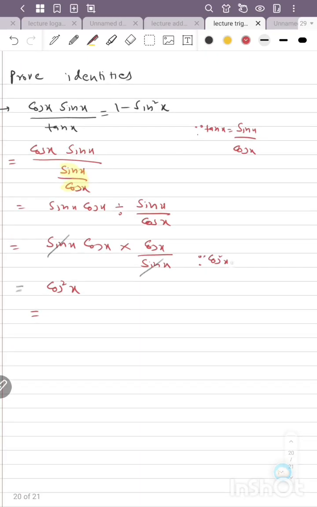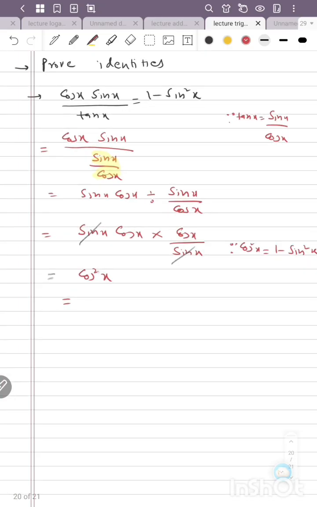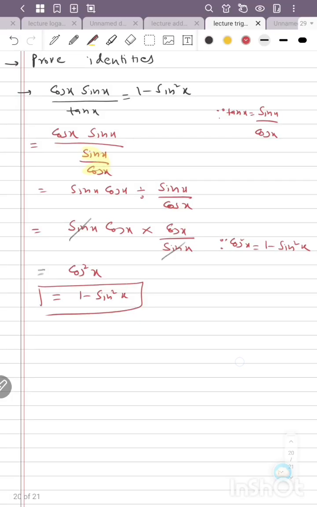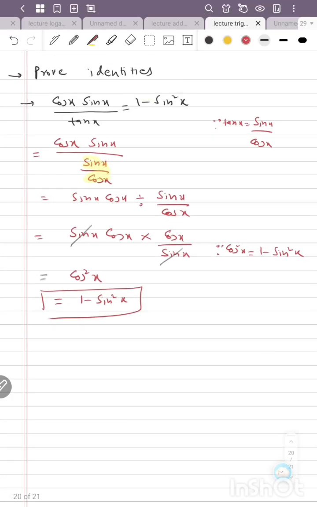And we know the formula: cos square x equals 1 minus sine square x. So we get the answer 1 minus sine square x. This proves our identity.